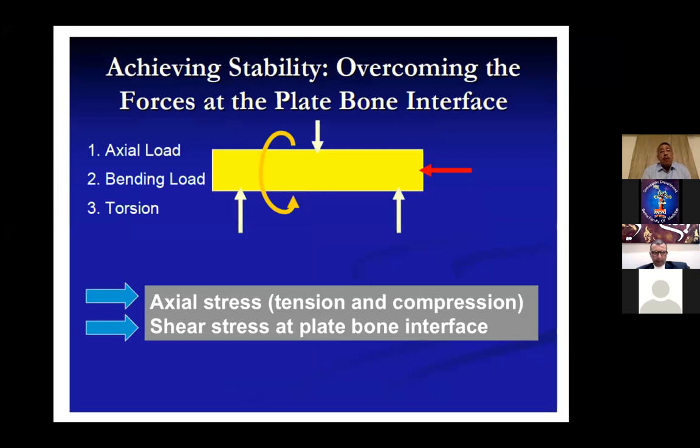And we have forces applied to the plate-bone interface. Axially, we have the axial load, we have bending load, and we have torsion. These axial stresses, either tension or compression, will cause shear stress at the plate-bone interface.